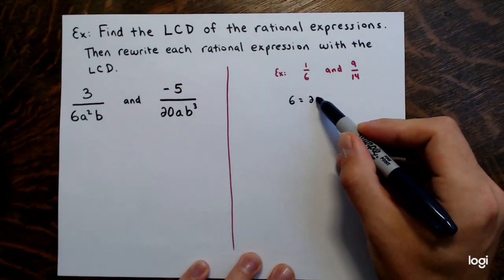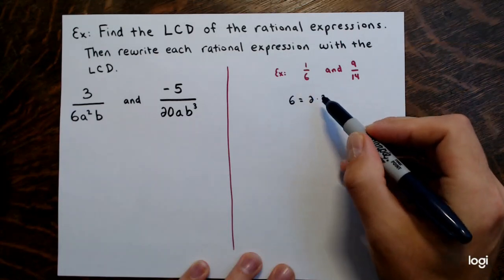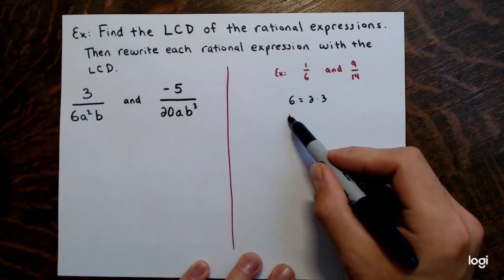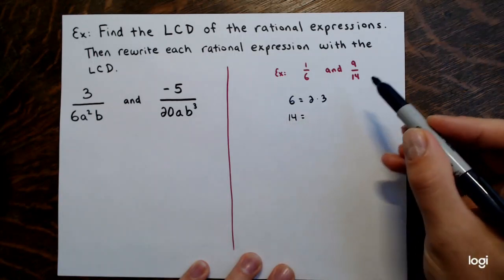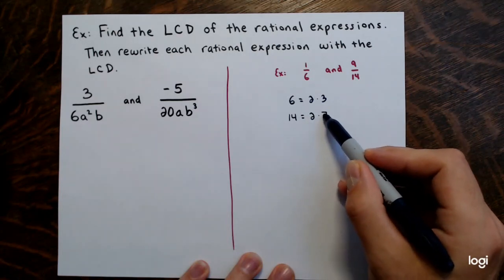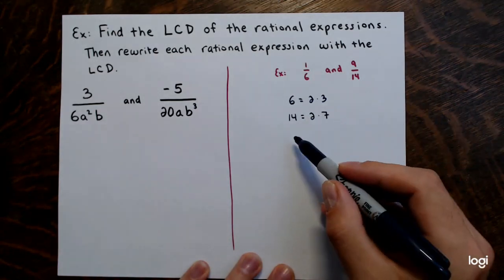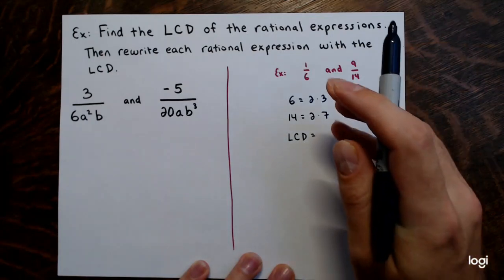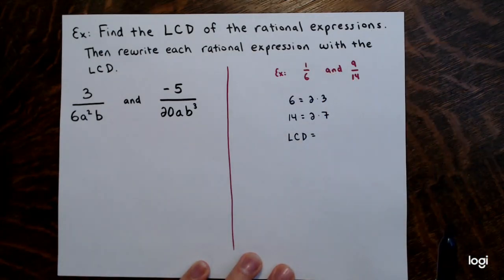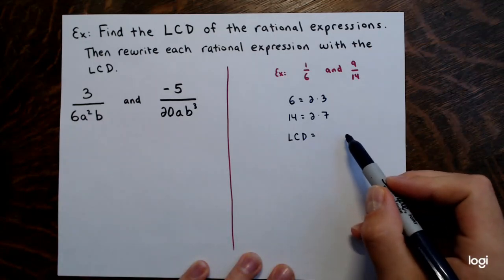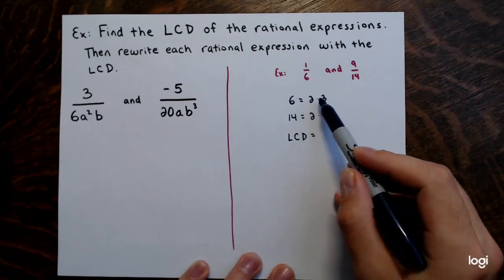Factor the denominators completely. This denominator of 6 is 2 times 3 when you factor completely to primes. And the other denominator of 14 breaks down to 2 times 7. Then the LCD, the least common multiple of the denominators, is made up of a product of primes, any prime that shows up in the factorizations of the denominators.